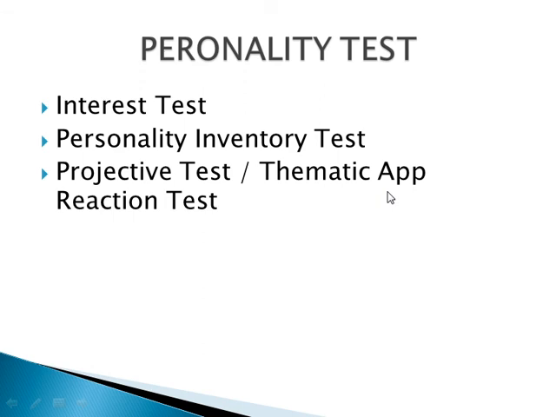Projective test, or thematic apperception test. This test measures the candidate's values, attitude and apprehensive personality out of the interpretation or narration given by the candidate to pictures, figures, etc. Next one is the attitude test.